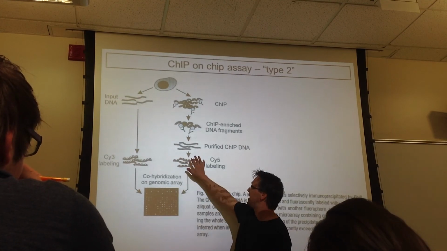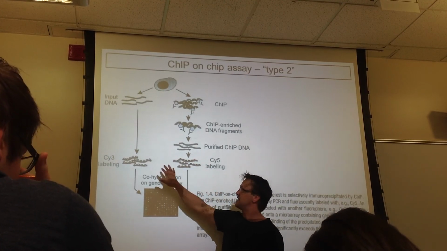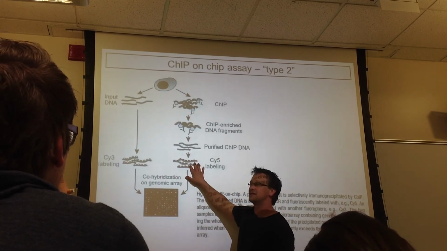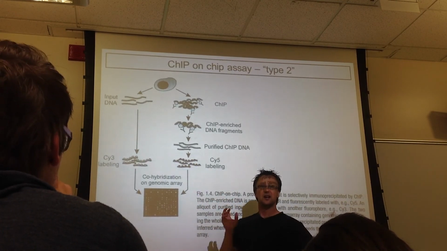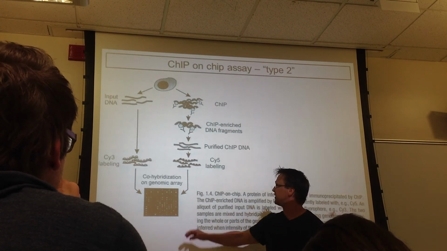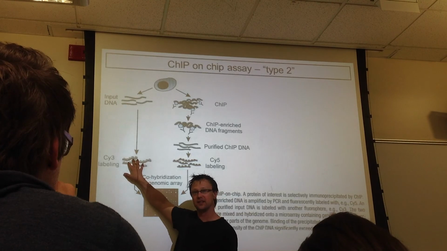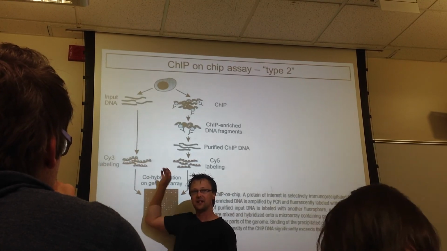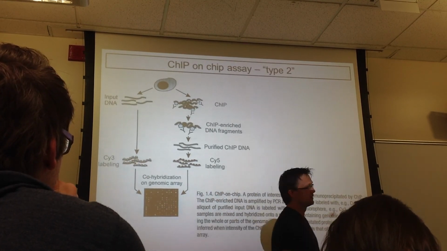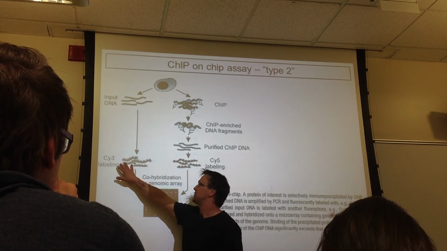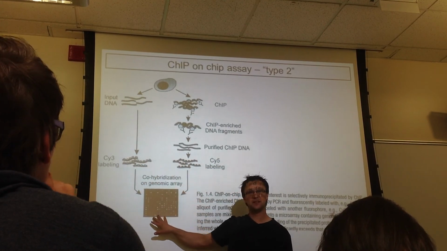And so that you can compare the intensity of the random DNA versus the stuff we pulled down. So we want to see whether or not specific sequences of DNA are highly enriched compared to this. Okay, so you basically just do compare, and you use different labeling. And so you can hybridize both of these to the chips at the same time.